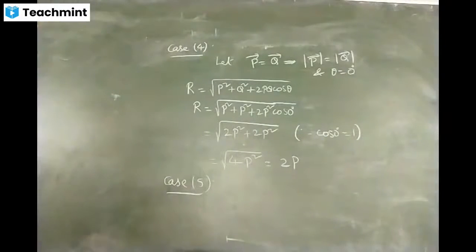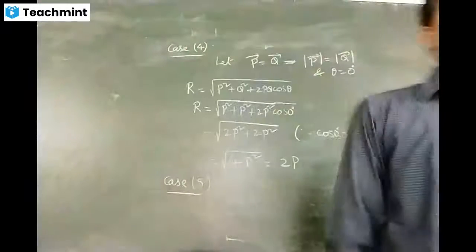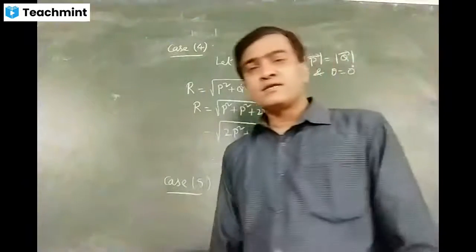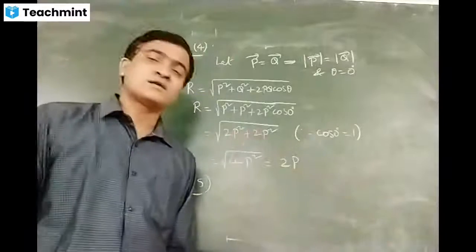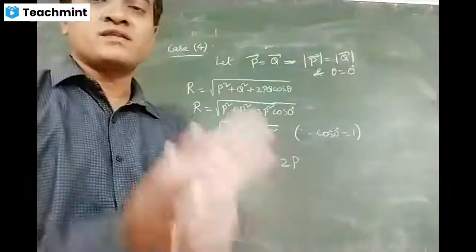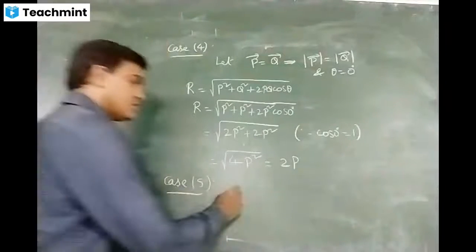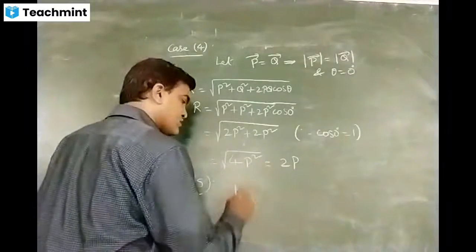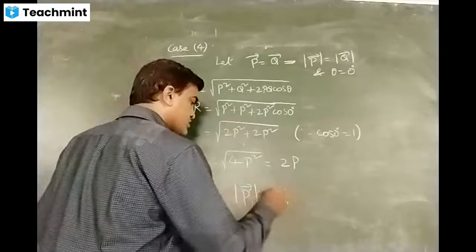Let's see the final case. Now let me show you. For example, P bar and Q bar are equal in magnitude, but they are making an angle theta. The magnitude of P bar is equal to the magnitude of Q bar.